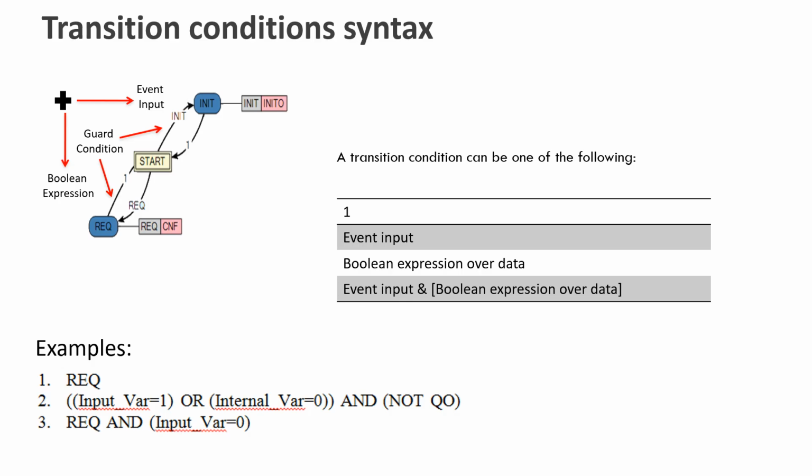There cannot be a transition condition that includes two names of two input events or more than that.